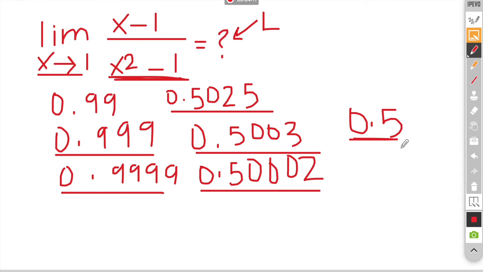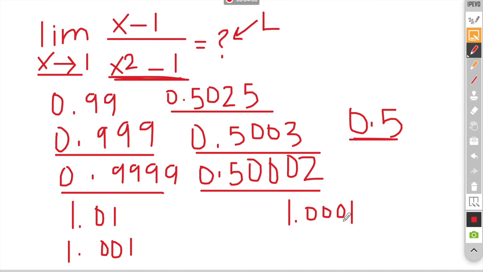Now let's say we want to go from the right, which means you want to find values that are greater than 1 but closer to 1. So I do the same thing, except I'm going to use 1.01, 1.001, and 1.0001.